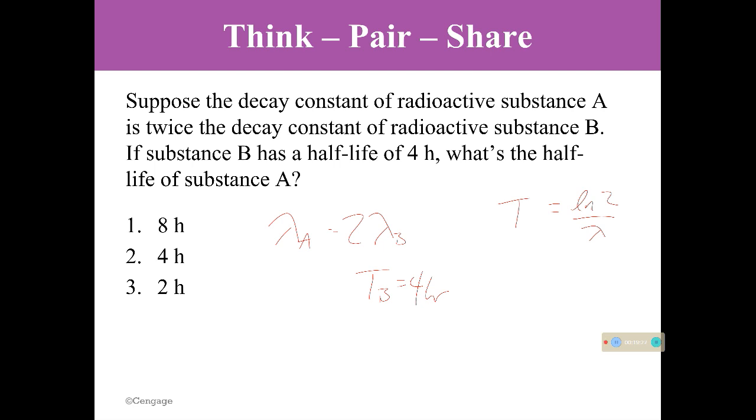So basically, it's inverted, right? It's just an inverse relationship here. If the decay constant is bigger, it means the substance is decaying faster, in less amount of time.